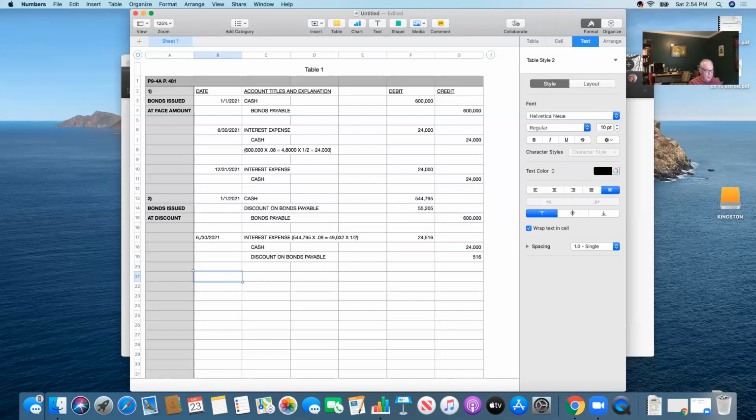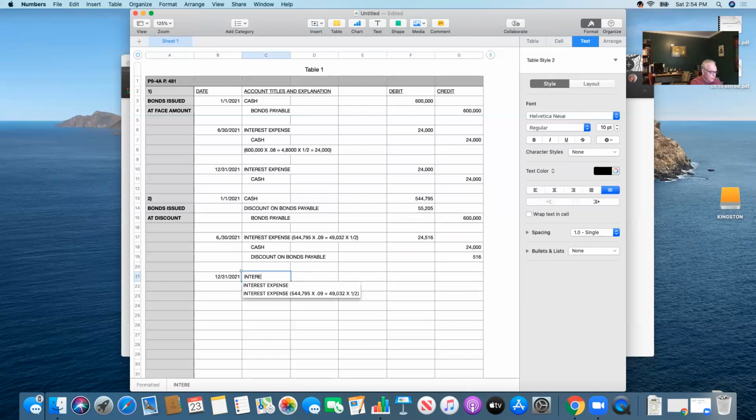Okay. And then on 12/31, we're going to make a similar entry. We're going to debit interest expense. But now we have to calculate the carrying value. And the carrying value is the 544,795 plus the 516.